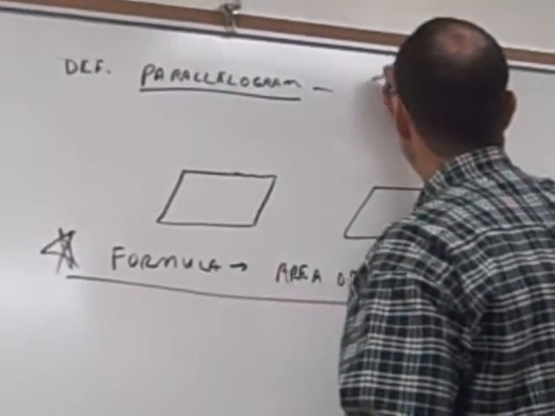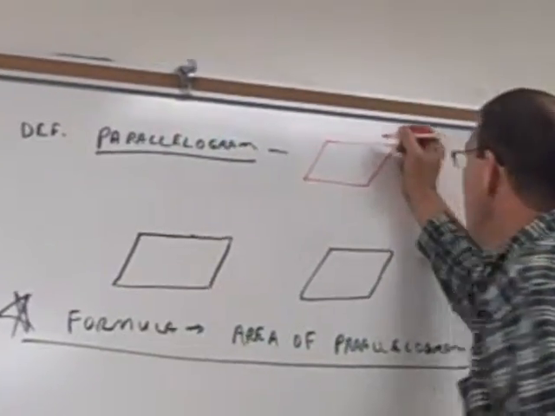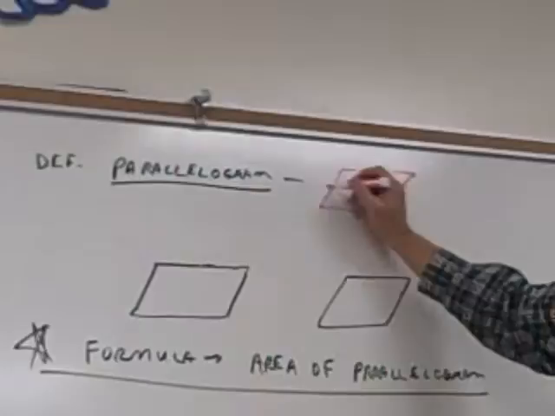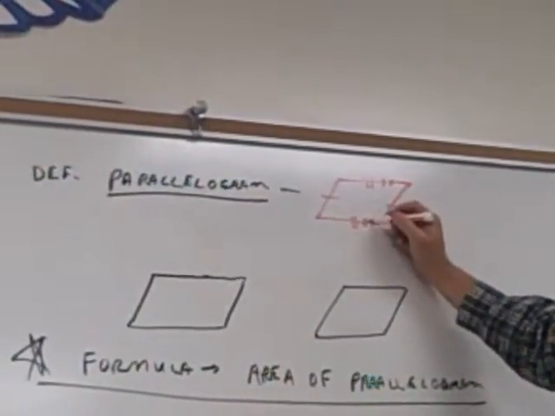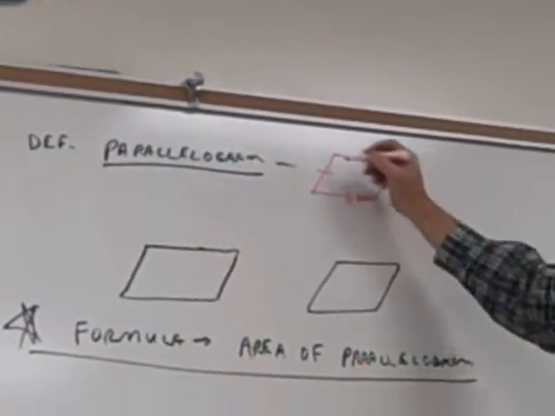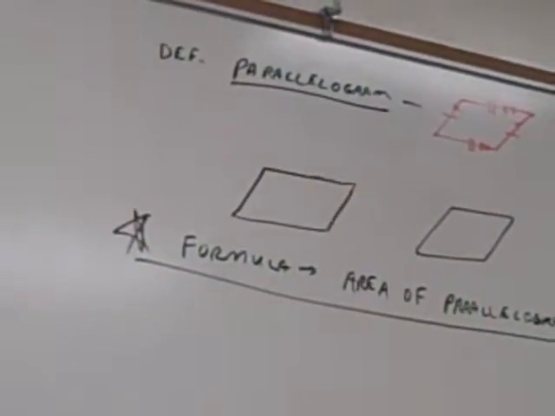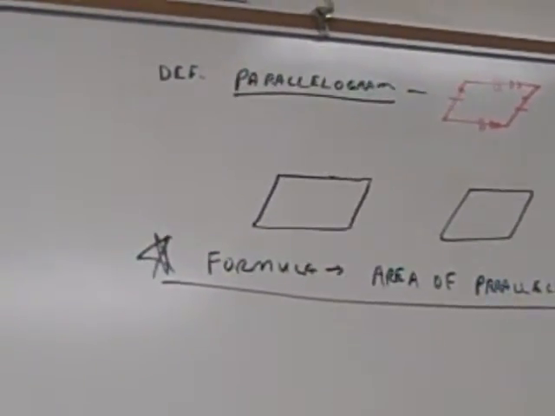So we can draw it like this. We can put double slash, single slash, parallel marks. But let's not put right angle marks in there. Okay? That's our parallelogram.